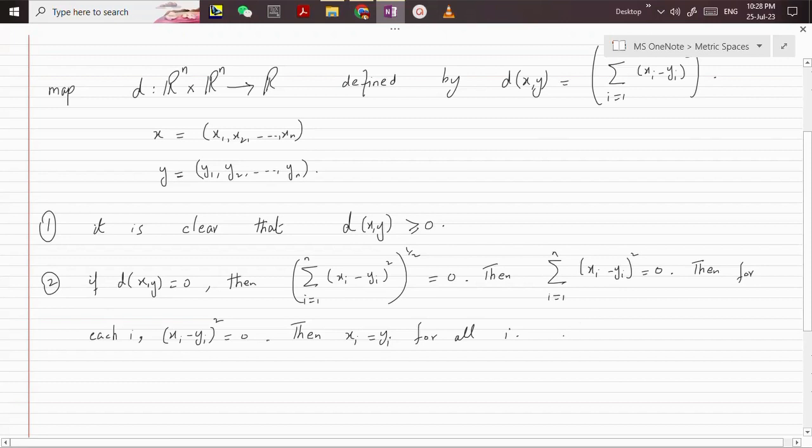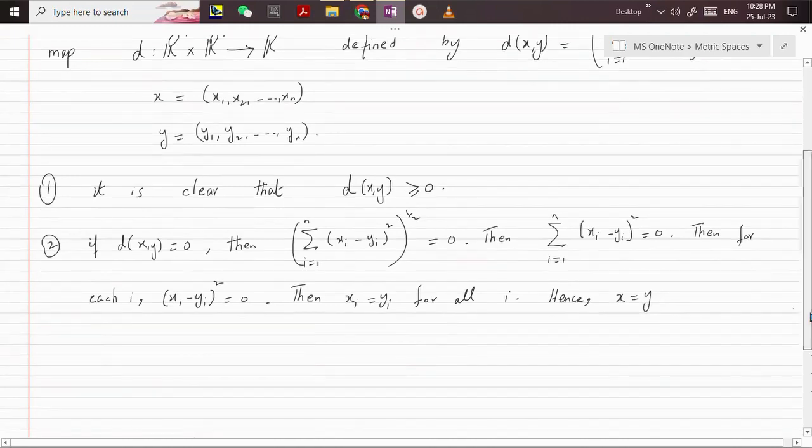When xi equals yi for all i, then hence the n-tuple x equals the n-tuple y.